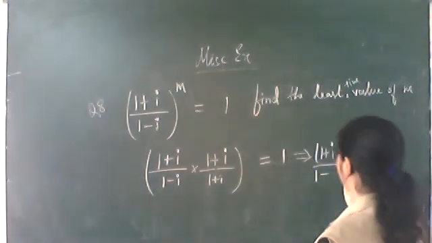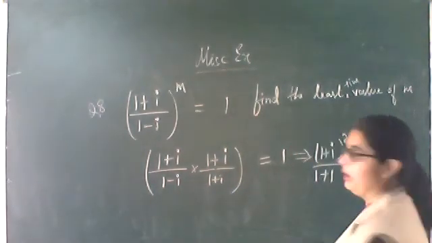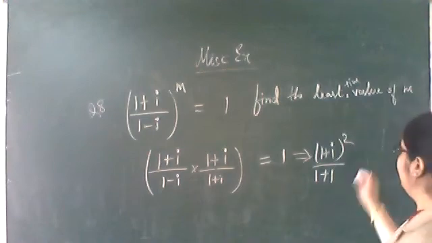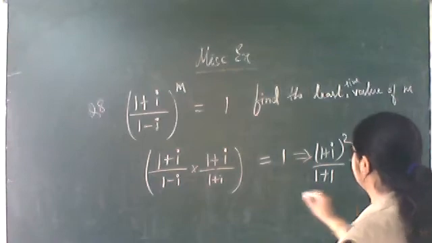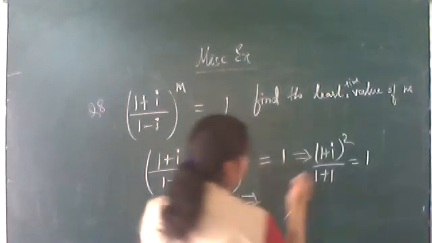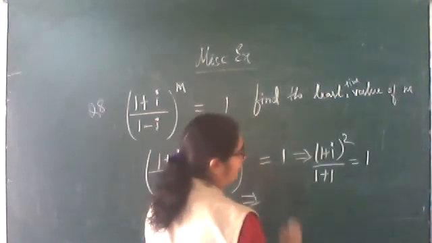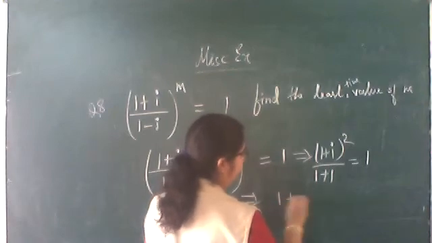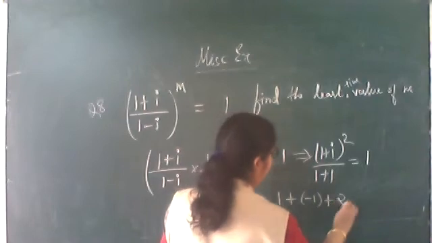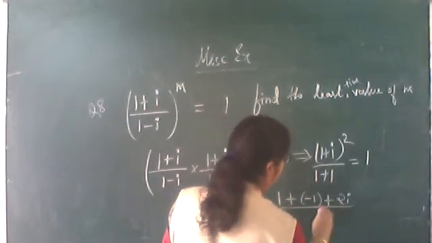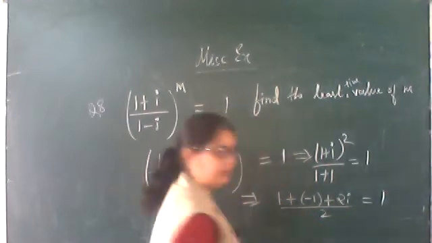Iota square is minus 1, so it will be plus 1. Clear? Now you open up the bracket, is equal to 1 only. This implies you can open up the bracket. What will be the solution? a square plus iota square will be minus 1 plus 2 iota upon 2 is equal to 1.